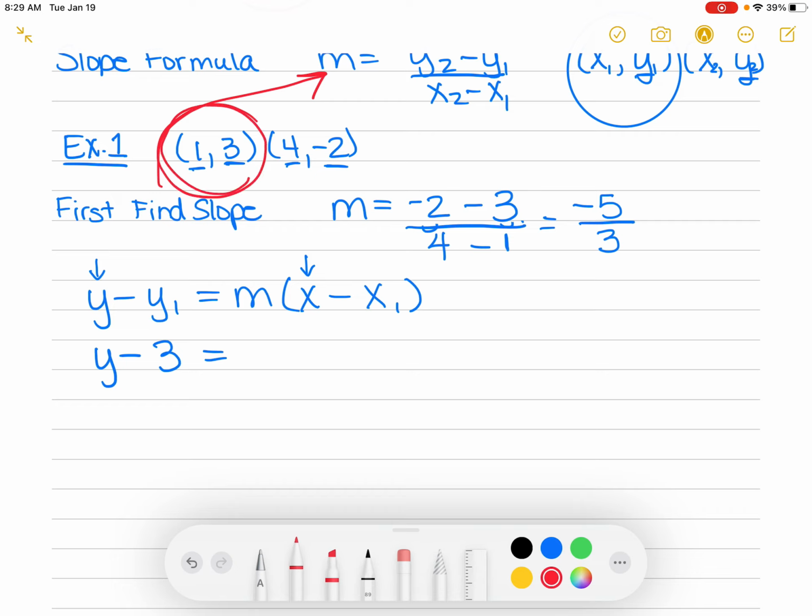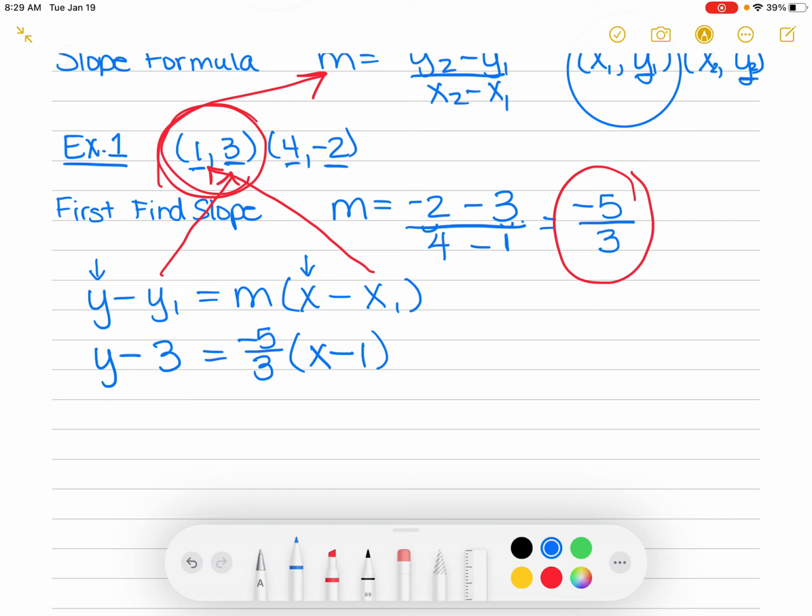Remember, we're using the first point, so this is the y. And then my slope is what I figured out just a minute ago, negative 5/3. Remember, that's right here. And then x stays, and x1 is this one, right? So it's 1.